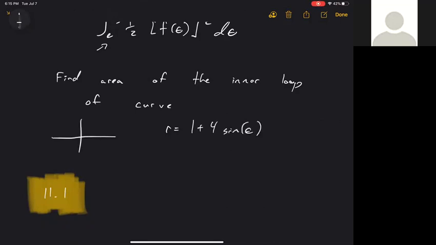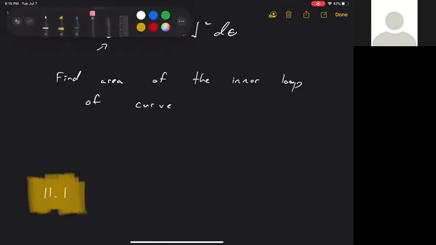I don't even know if I've got the curve right, but maybe it's one of these curves with a kind of inner loop, and you have to find just the area of that bit. So how do you do that? You have to find those intercepts.